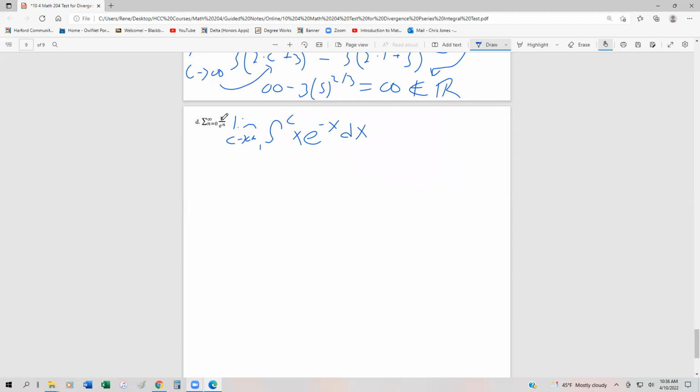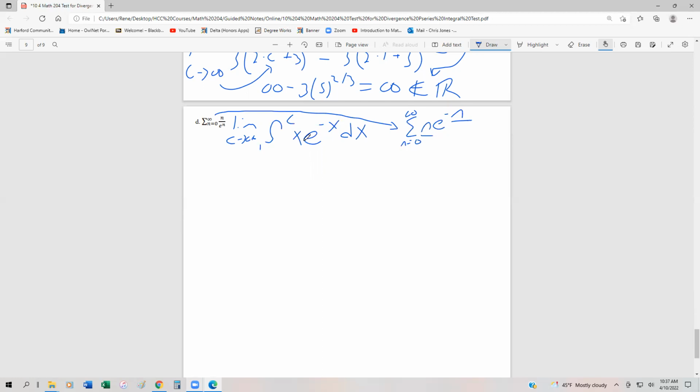And again, we could just rewrite this series if we really wanted to as the series n equals 0 to infinity of n e to the minus n by moving that n up. And so what I did was I just substituted back in for n and just made that x.